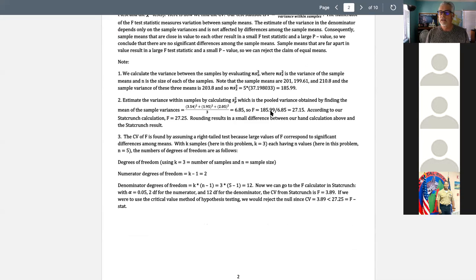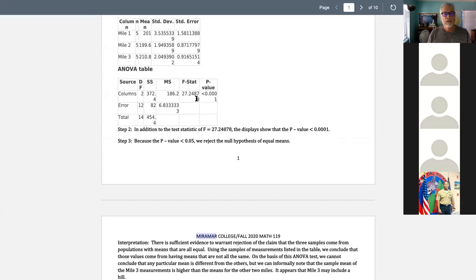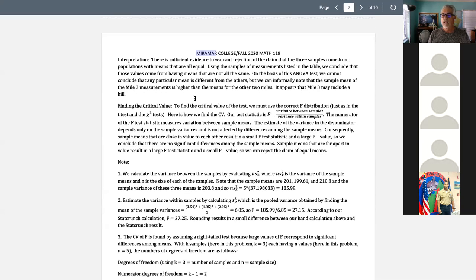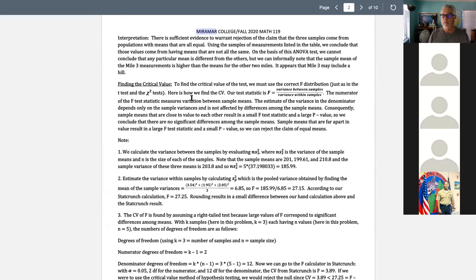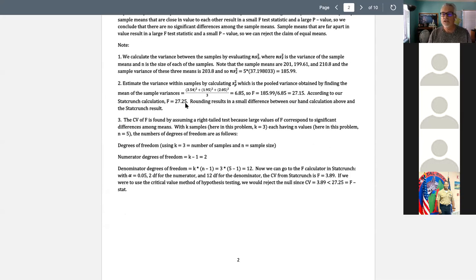So when we take that ratio, we get 27.15, and that's our F statistic. Now, up here, you see that value expressed as 27.25. So there was a little bit of rounding error, but essentially those are the same value. Okay. So here's our F statistic, and now we'll come to the critical value here.